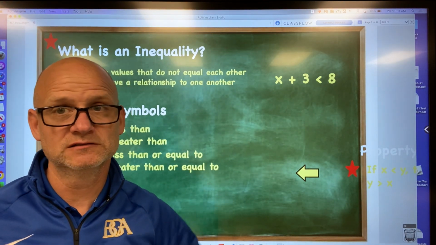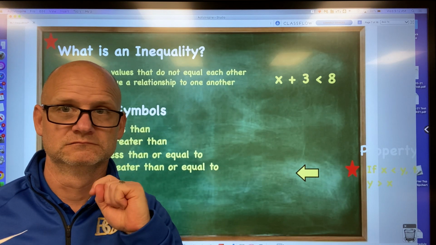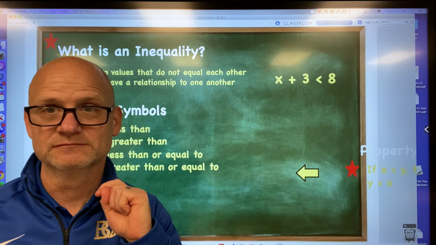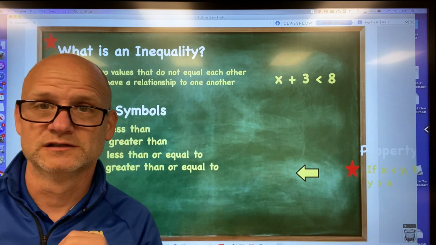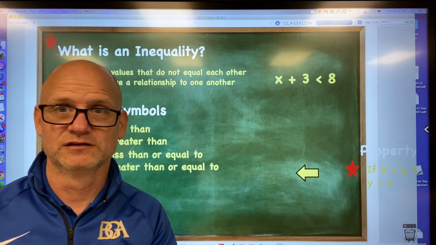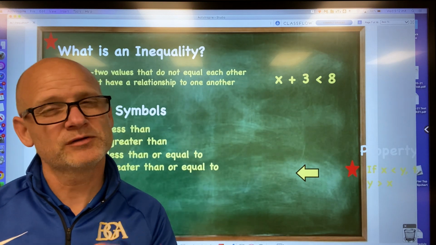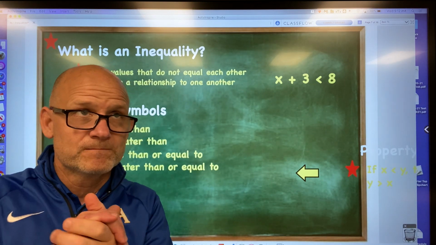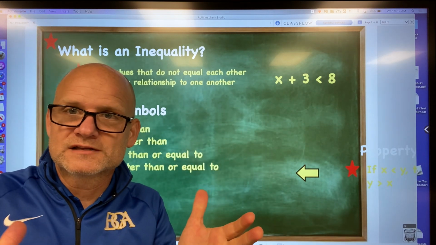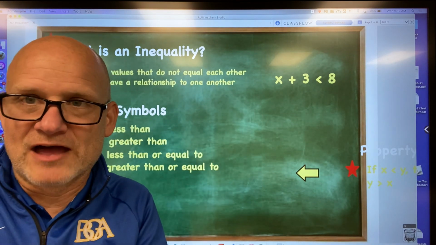So x could be 1, because 1 plus 3 is less than 8. x could be 2, because 2 plus 3 is less than 8. x could be 3, because 3 plus 3 is less than 8. You get my point. There are several different values for x here.